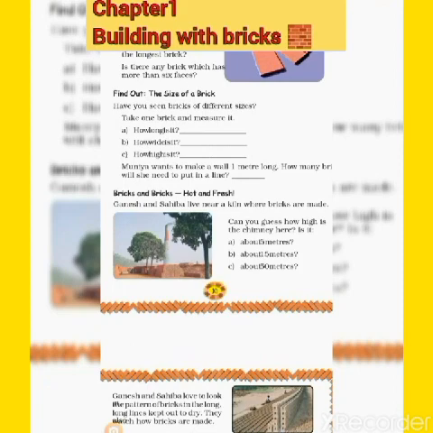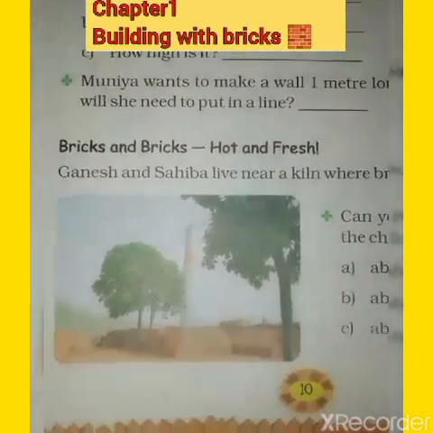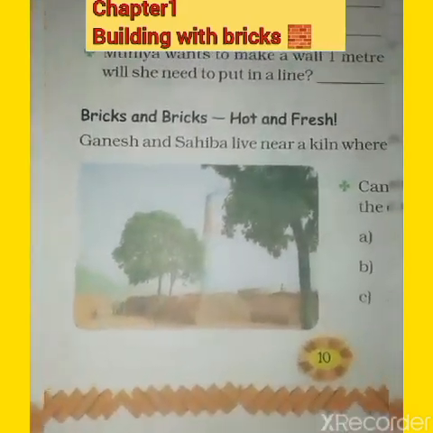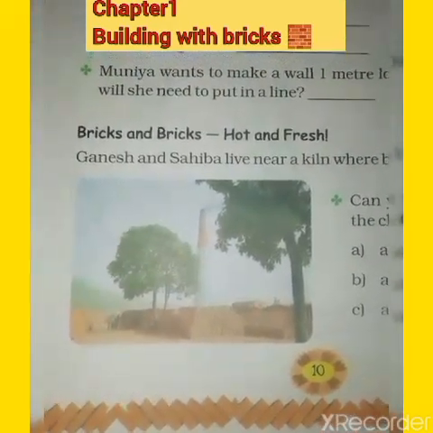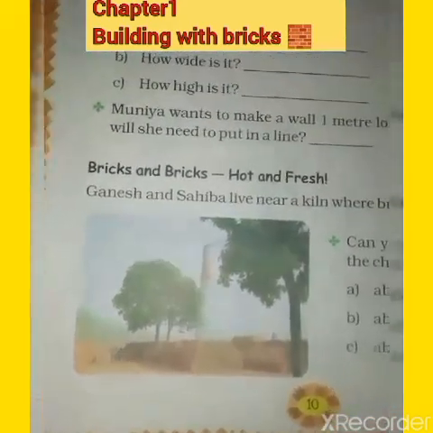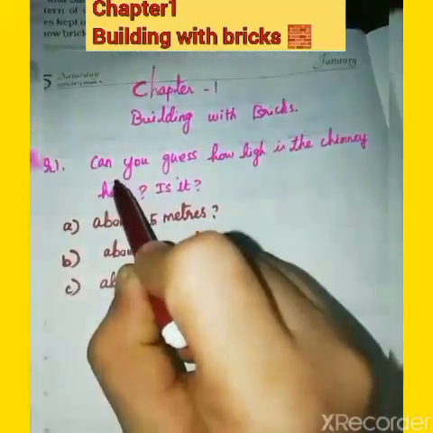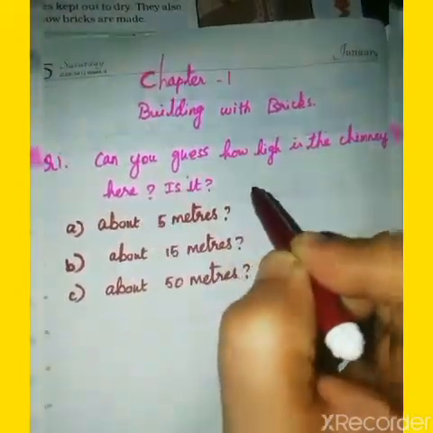Okay, let me just solve it. And here you just observe this picture. That is how the chimney is greater than these two trees. The options are given there. Can you guess how high the chimney is here?